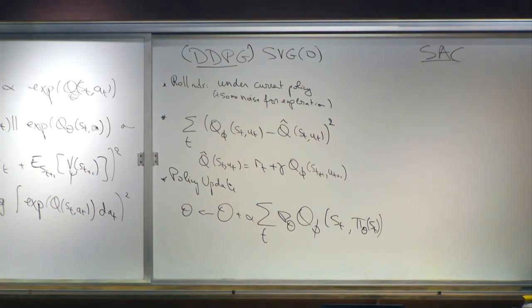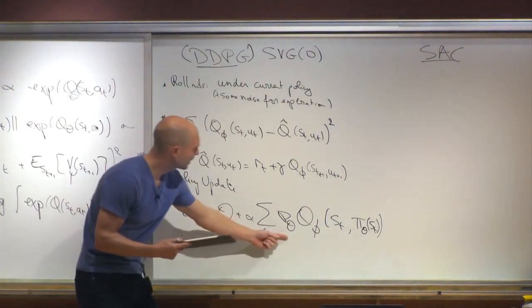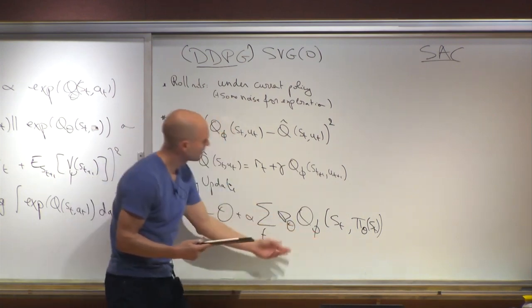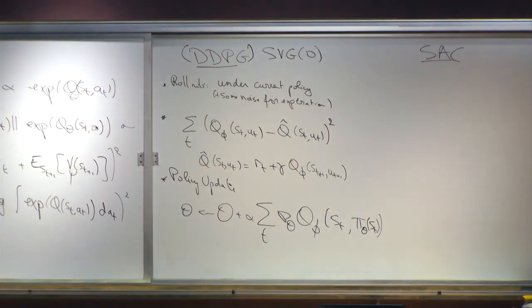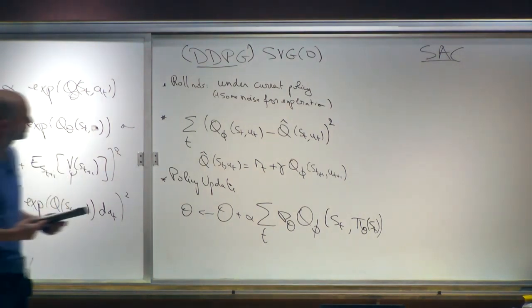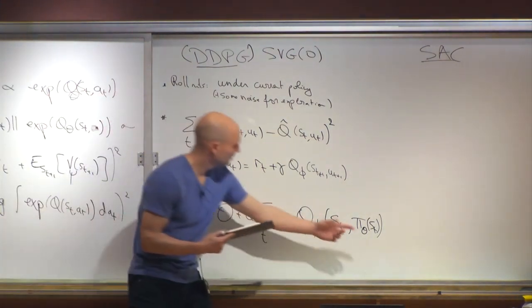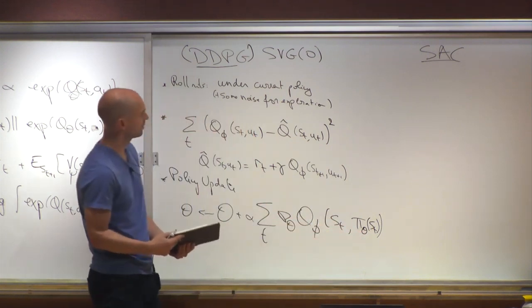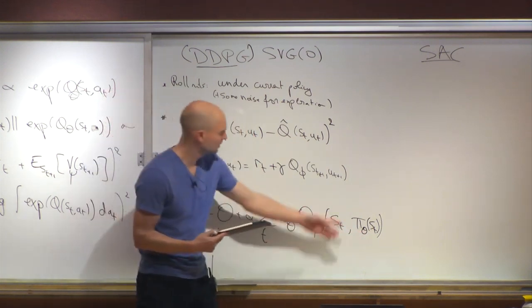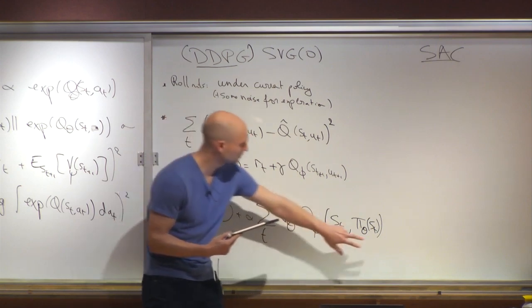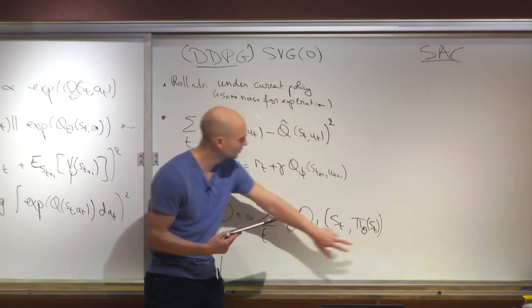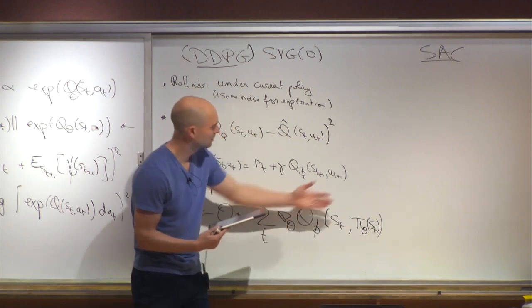So I can directly optimize the policy by looking at, if I change my policy, how much would I improve my Q values in the states I've visited so far? Of course, you can only do this if the policy has continuous action output. Otherwise, this gradient with respect to theta has to go through the gradient of Q with respect to its actions, which only works with the chain rule if you have a continuous action space.